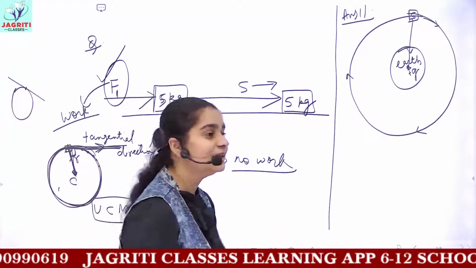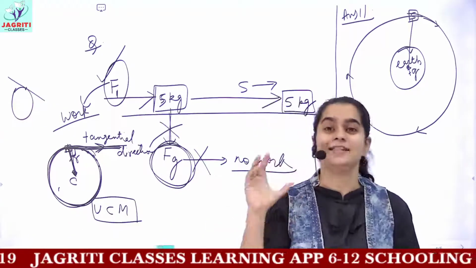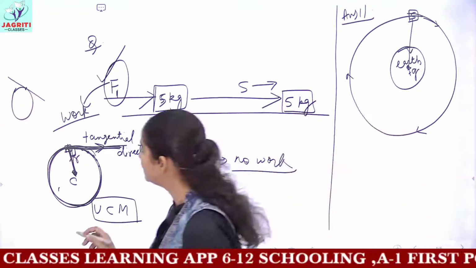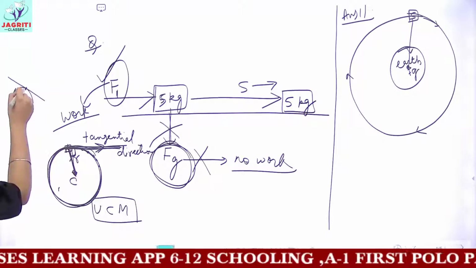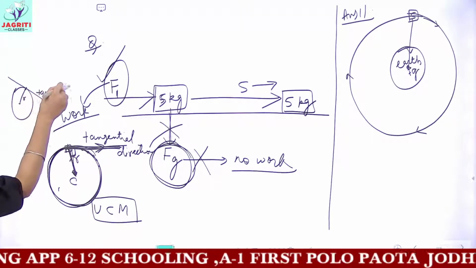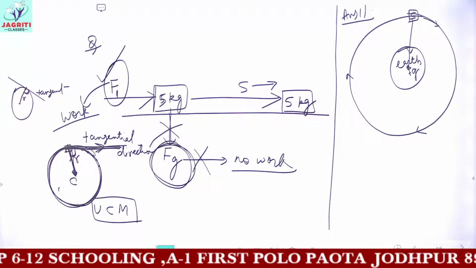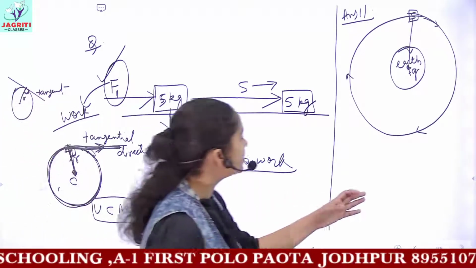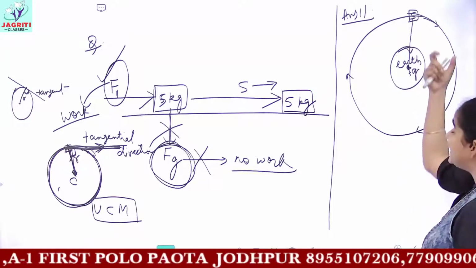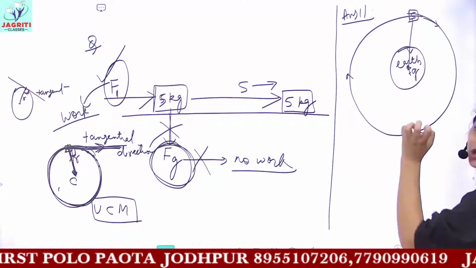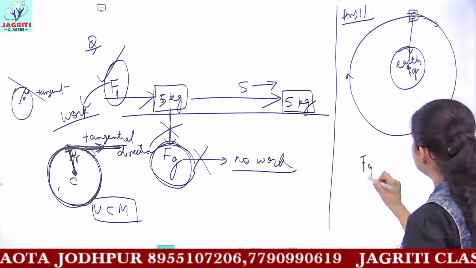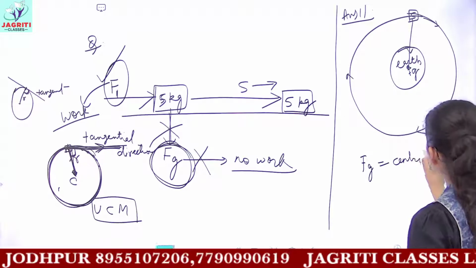When you do the chapter Circles in class 10th maths, you will know this. So remember, this is the radius and this is the tangent, and it makes an angle of 90 degrees. In a similar manner, gravity works as a radial force, a centripetal force.